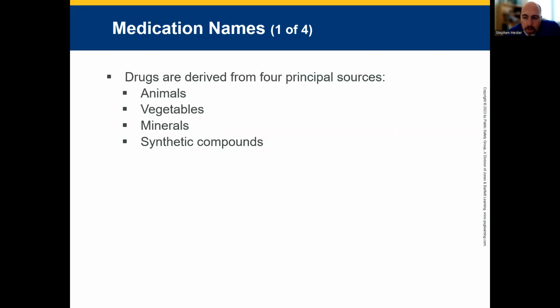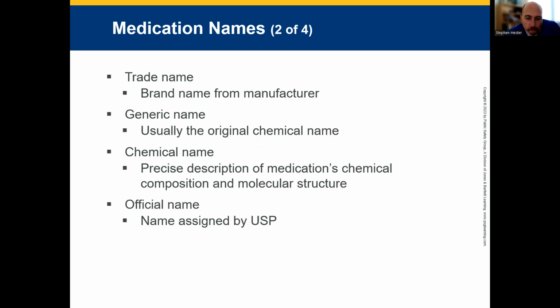All right, drugs are usually derived from four principal sources: animals, vegetables such as plant sources, minerals, and synthetic compounds. The trade name is the brand name from the manufacturer. Proper nouns that begin with a capital letter, and the medication may have many different trade names depending on how many companies manufacture it.